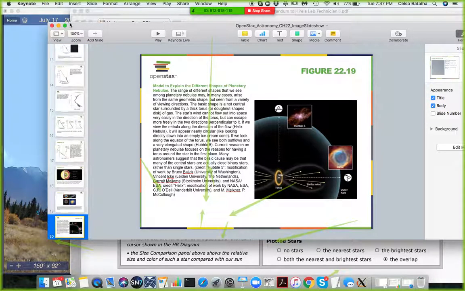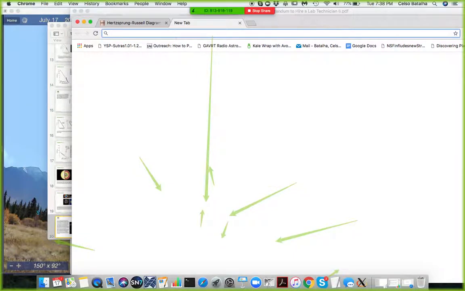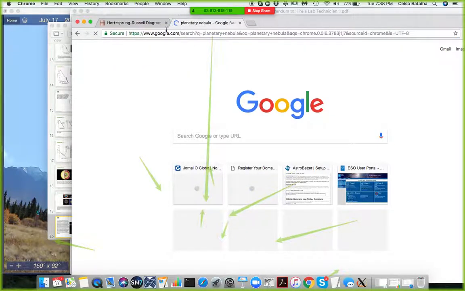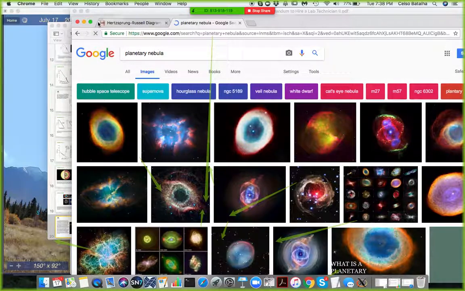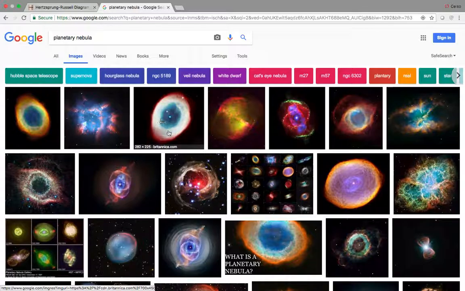So if you look at pictures of planetary nebulae in general, let's see if I can find some. So see the white dwarf with an expanding gas, a white dwarf with an expanding gas. Same thing here, there, everywhere.